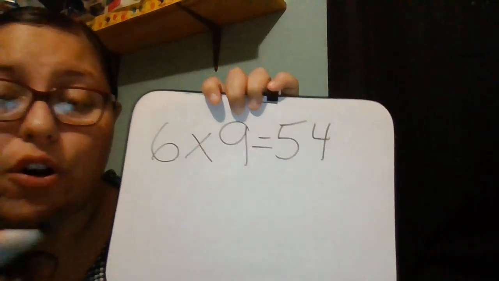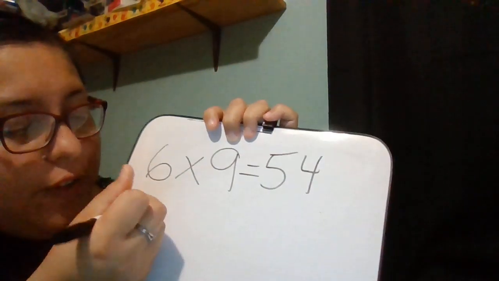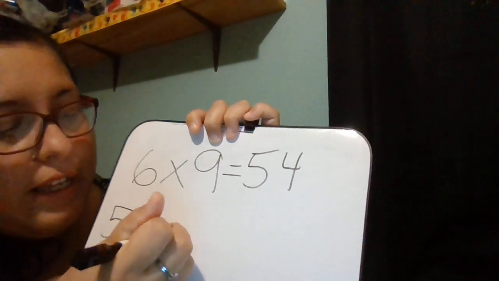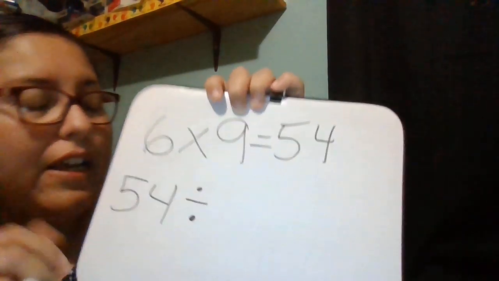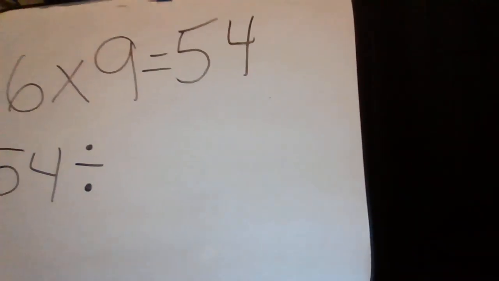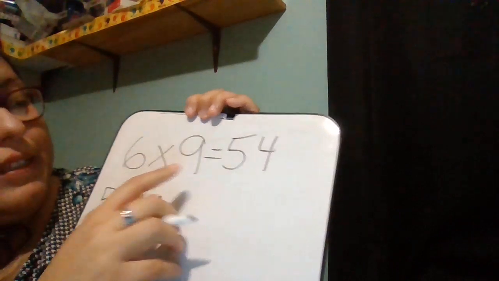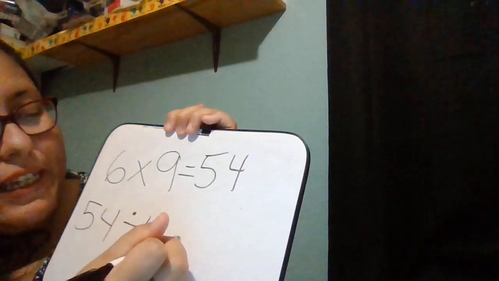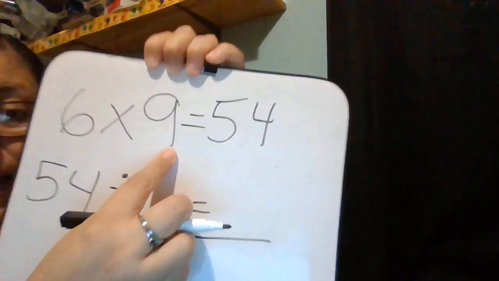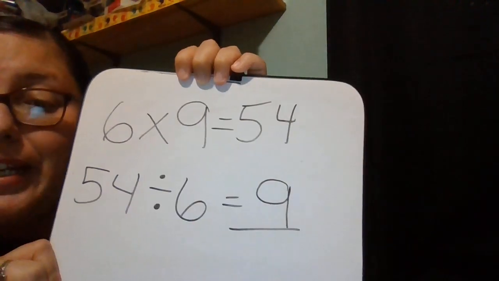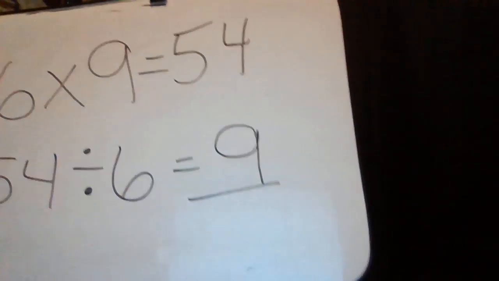So then I put the big number first, 54 divided by, and you can write 6. 54 divided by 6 is going to give me 9, because the numbers are related. They are connected. So knowing that multiplication fact is going to help you find the division.